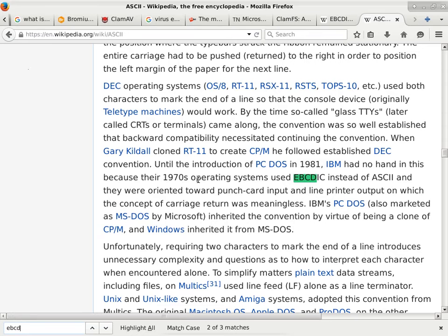Because their 1970s operating system used EBCDIC instead of ASCII, IBM had a hard time transitioning from EBCDIC to ASCII, because all the mainframes are EBCDIC, and then the PCs have to be ASCII. Why do you think the PCs have to be ASCII based? Why can't IBM say everything has to be EBCDIC? Because I'm a giant in terms of computer stuff, so we're going to use EBCDIC for everything. What is the difficulty?